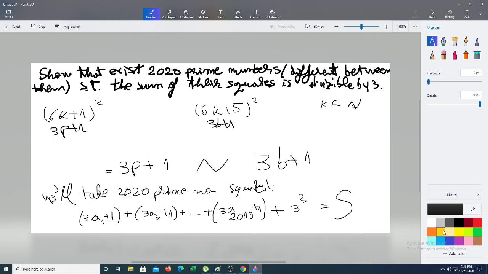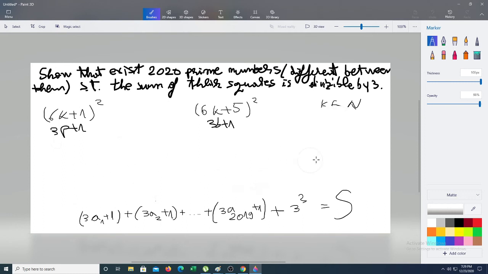So what we have to do from here is very easy to see next, that here we'll have some common factors.